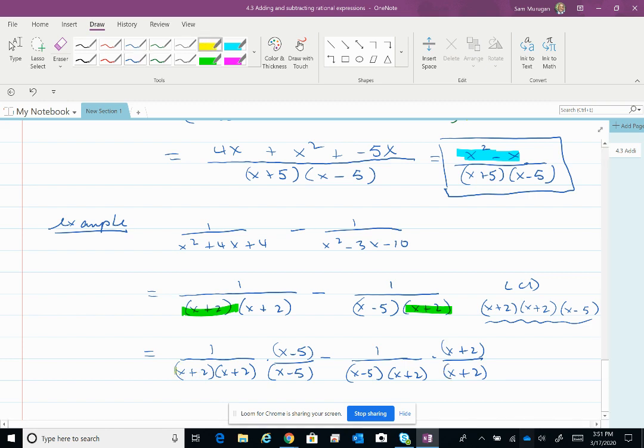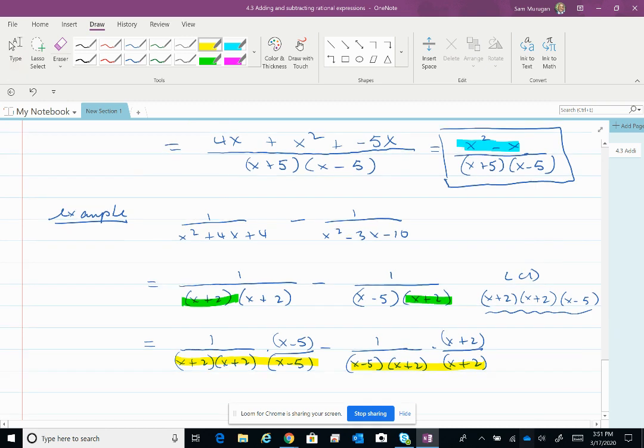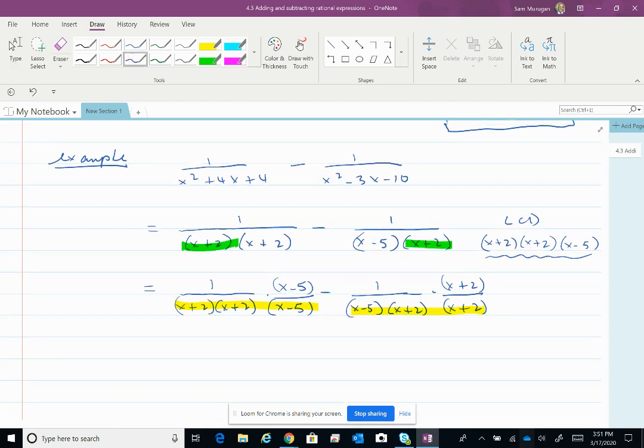So now we have achieved exactly the same denominator for both. And we can go ahead and write back that same denominator, x plus 2, x plus 2, x minus 5. That's the common denominator. And we make sure that we distribute correctly here.